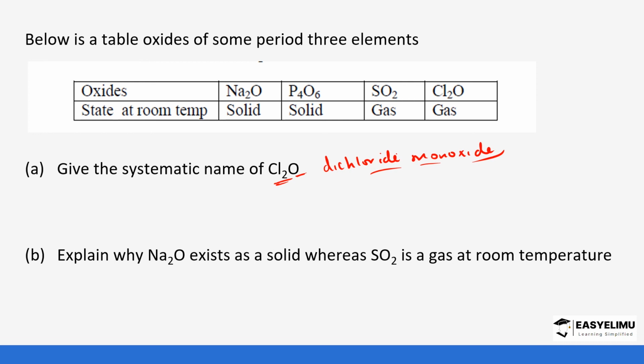Explain why sodium oxide exists as a solid while sulfur oxide is a gas. So it comes back to the bonds as well.